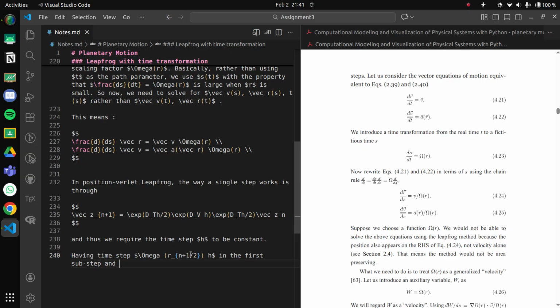Okay, actually this is supposed to be just omega r sub n. In other two will make it wrong.